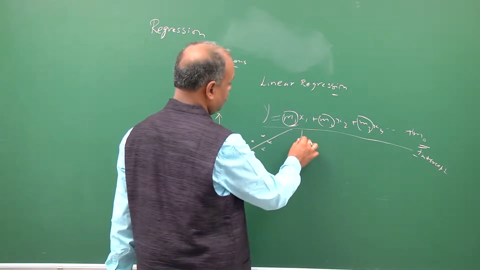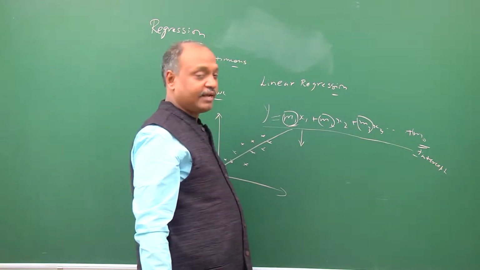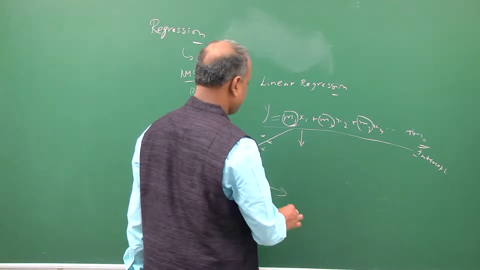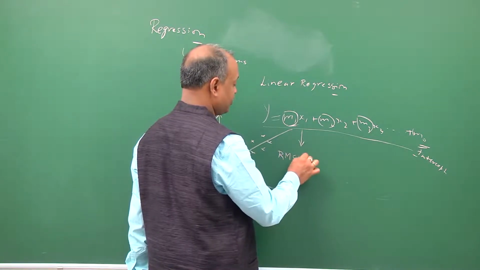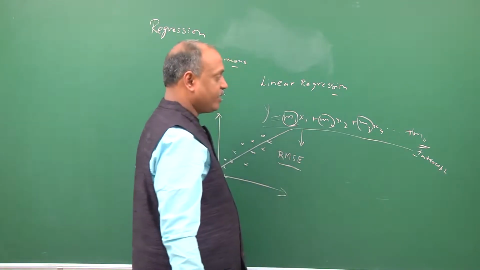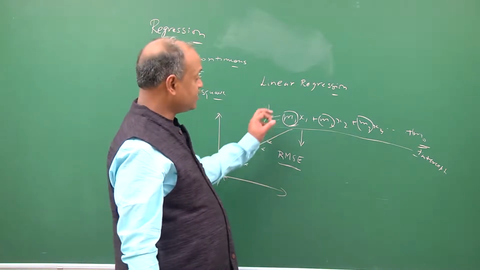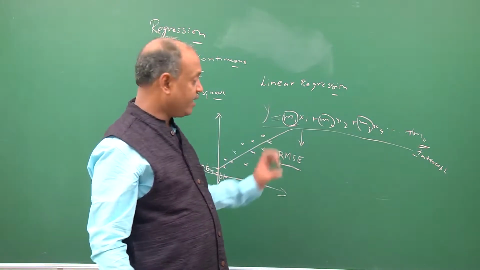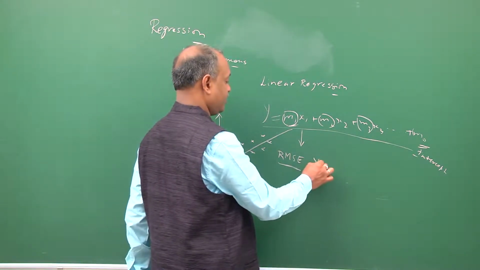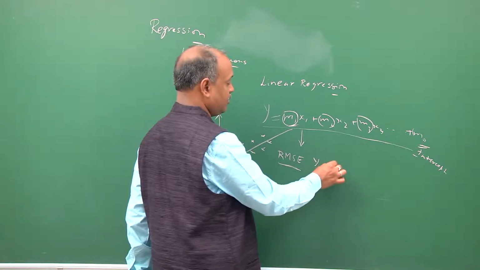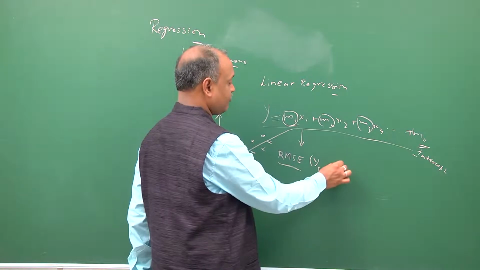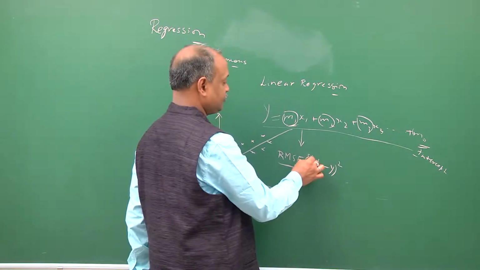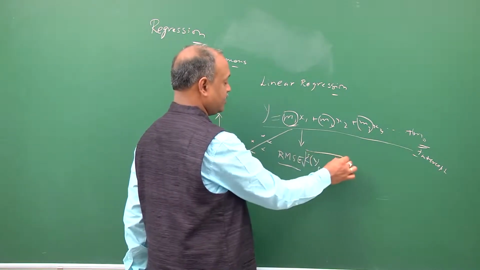Now, when you look at fitting a straight line, you will typically have the evaluation measure as root mean square error, where you take the original y value minus the corresponding predicted y value, sum the squares of that, divide by n, and then take the square root.